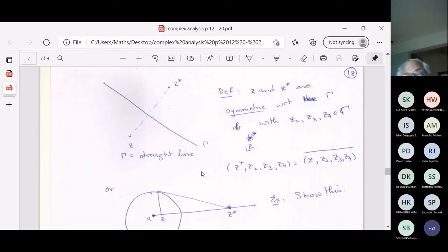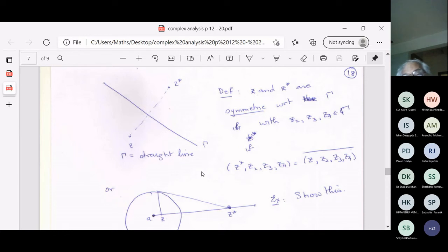Okay, if you have a straight line gamma and you're given a point Z, when do we say that a point Z star and Z are symmetric with respect to gamma? Maybe I shouldn't have called it Z star because star may mean something else.